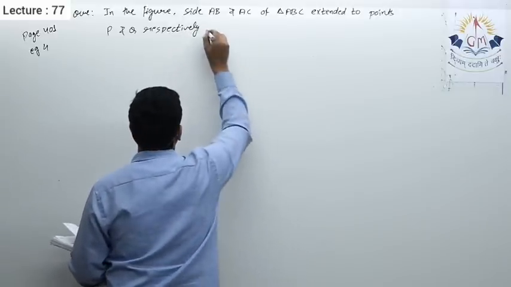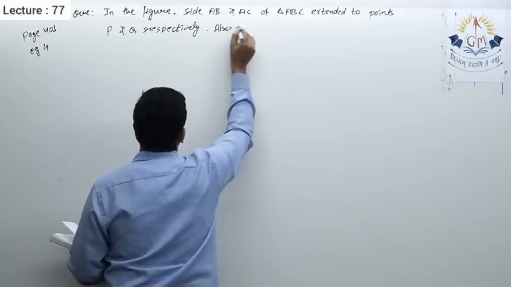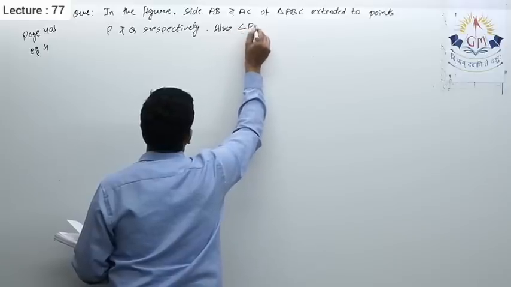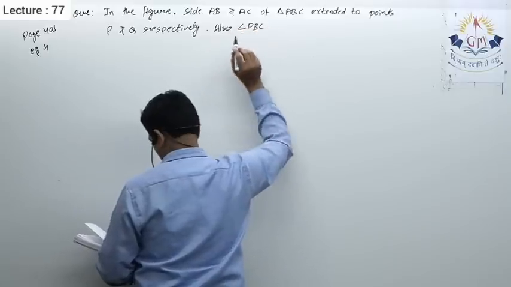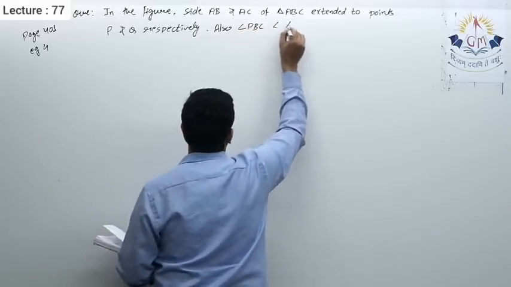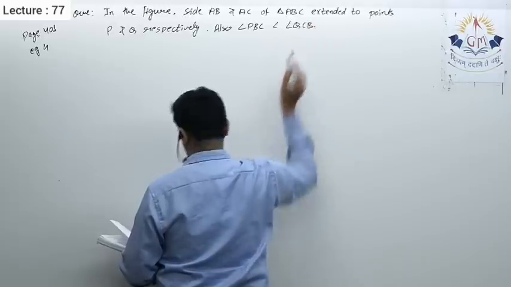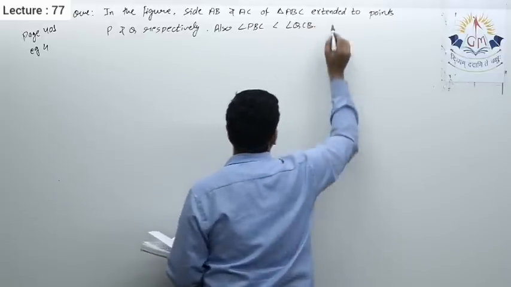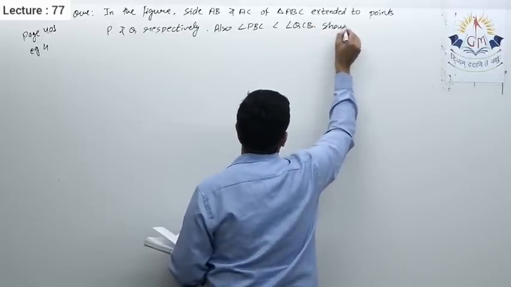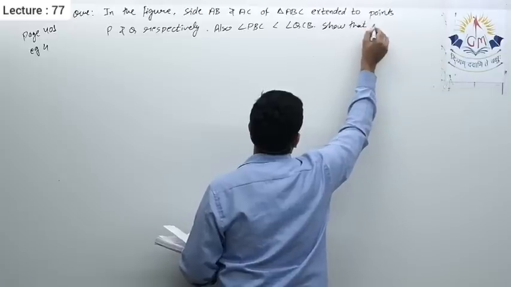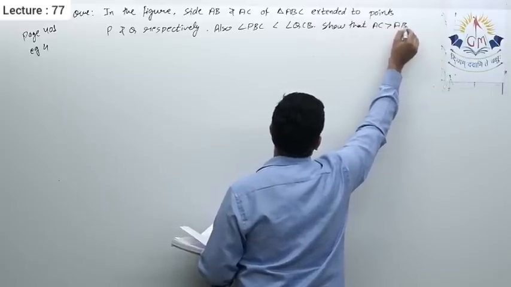Also, angle PBC is less than angle QCB. Show that AC is greater than AB.